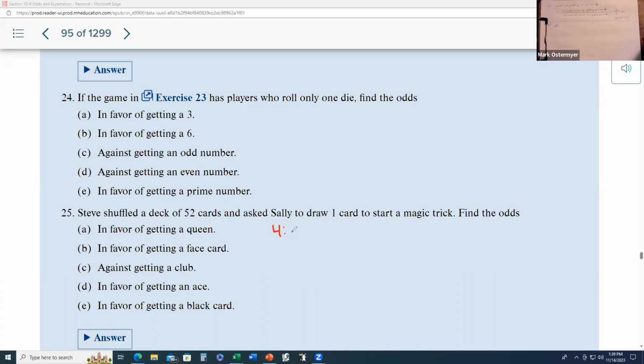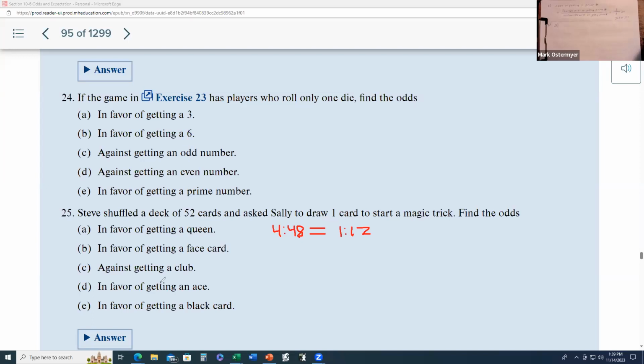Versus how many ways to draw a card that's not a queen? 48 cards that are not queens. So here's the odds of drawing a queen, 4 to 48 odds. Or you could reduce this down to 1 to 12 odds, right? 1 to 12 odds.